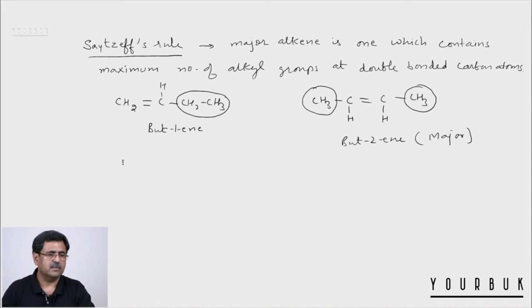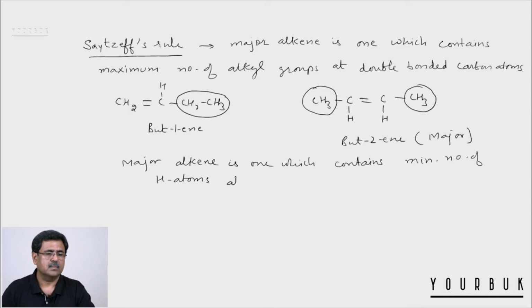So the major alkene is one which contains the minimum number of hydrogens at the double bonded carbon atoms.